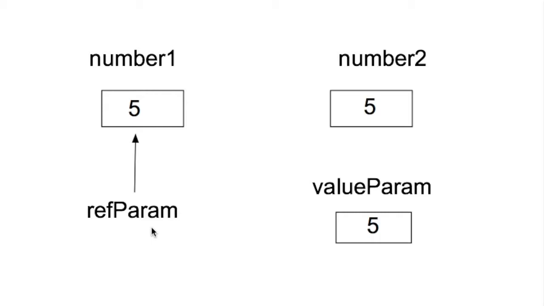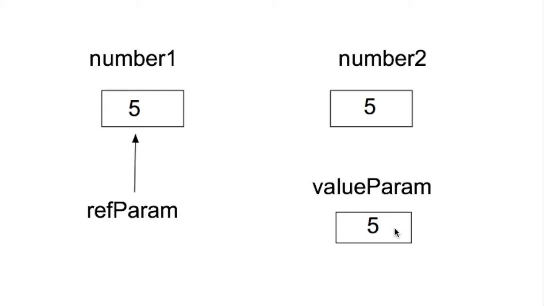Since that is a reference, it is referencing the memory location that is number 1. With value parameters, number 2 and then value param is a value parameter, and so the value of number 2 was copied into a separate memory location for value parameter. So there are 2 separate memory locations when you pass by value.